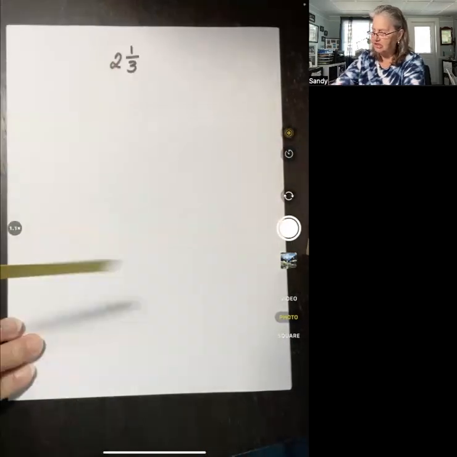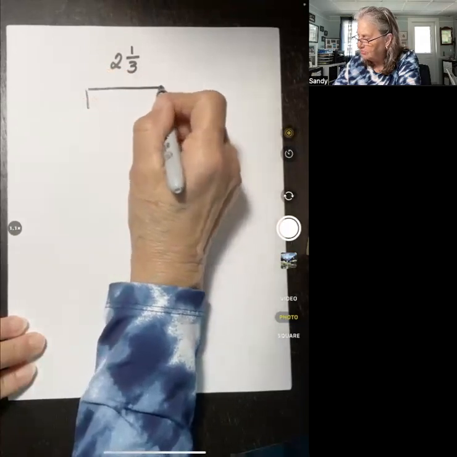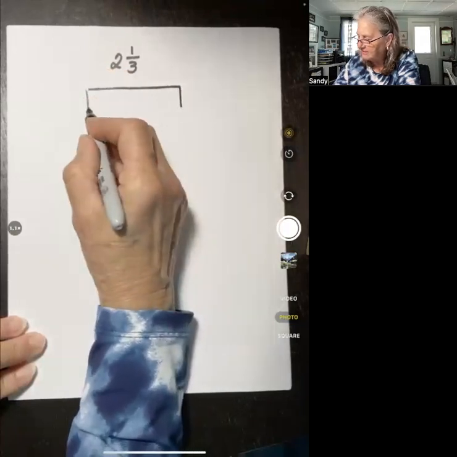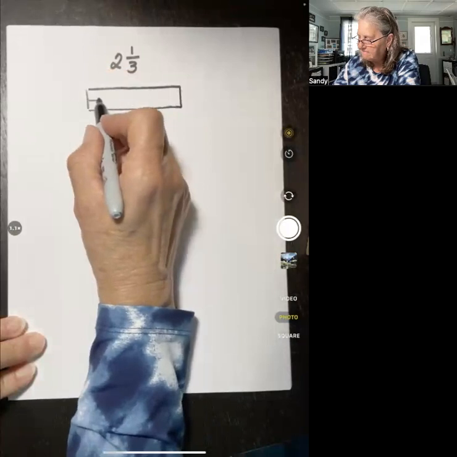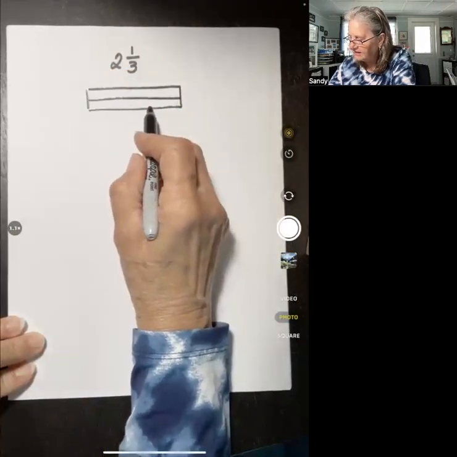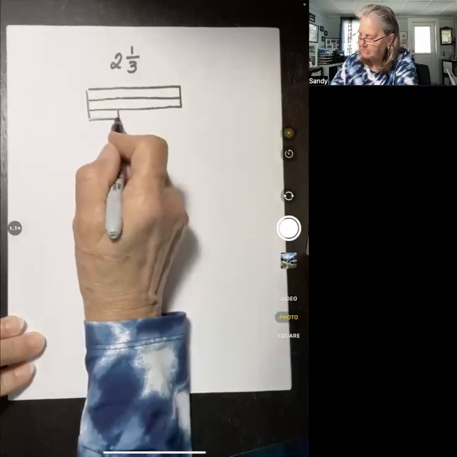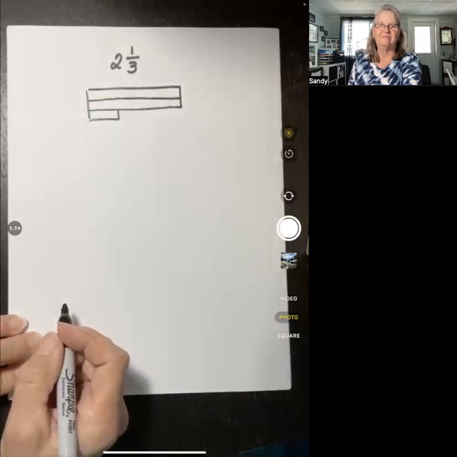And the picture you will see me draw is I tend to draw the wholes put together like this. And then I kind of cut this into the thirds, and here's my 1/3 piece. So that's going to be a picture of 2 1/3.